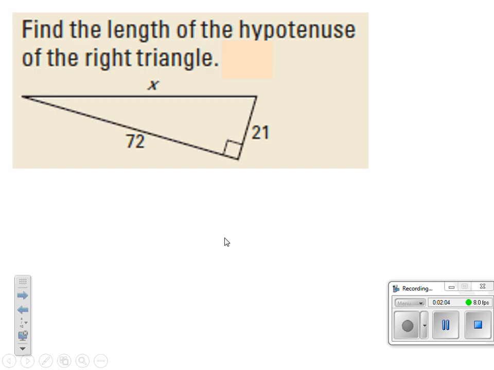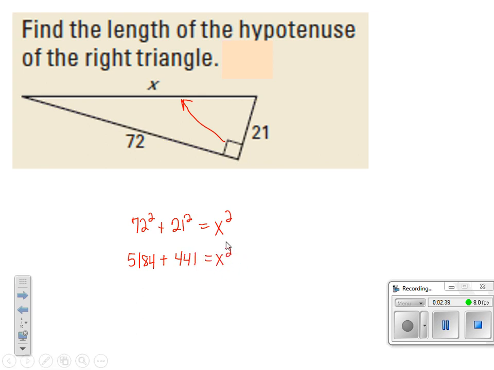So if I wanted you to find the length of this hypotenuse of this right triangle, I know it's the hypotenuse because it's across from the 90-degree. I would say 72 squared plus 21 squared is equal to x squared. And when I do that, I would get 72 squared is 5184 plus 21 squared is 441.